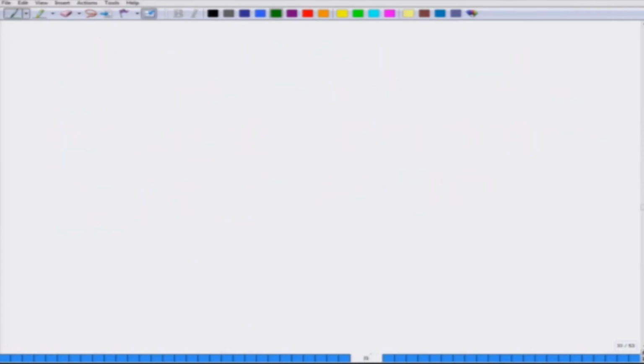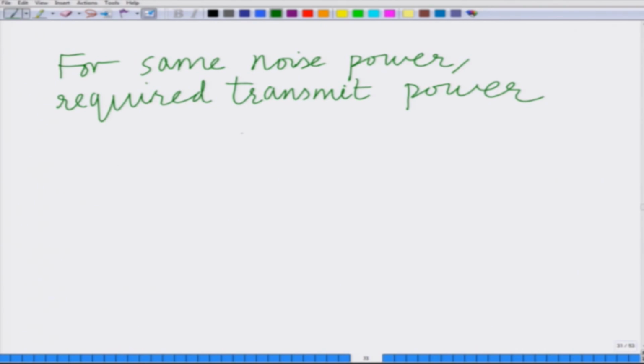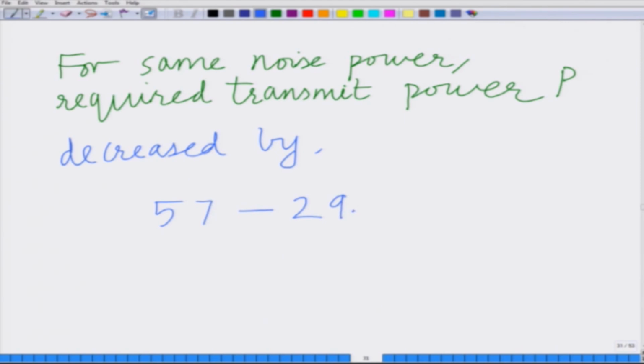dB, which means for the same noise power, the required transmit power P to achieve this bit error rate of 10 power minus 6 has decreased by 57 minus 29.37 equals 27.63 dB.